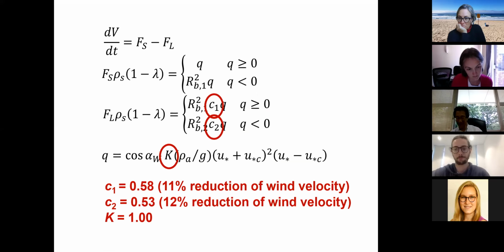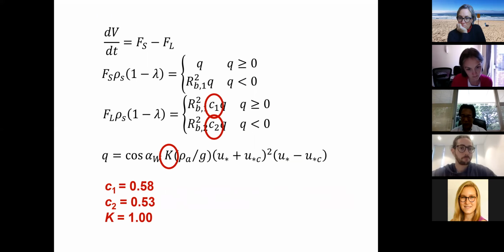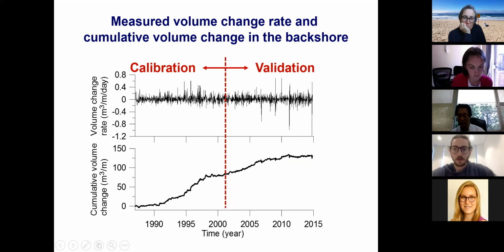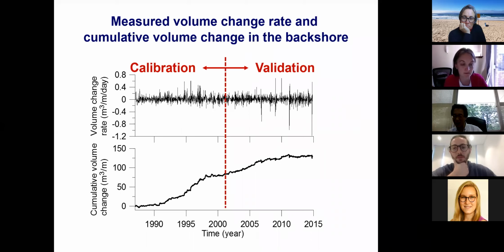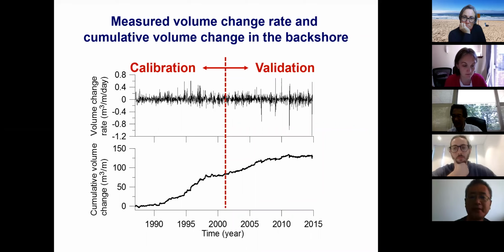And the first question is about the calibration and the validation period, right? Yes. Oh, Ryu-san, nice to see you again. Your proposal is to use a longer calibration period and a shorter validation period, right? Yes.